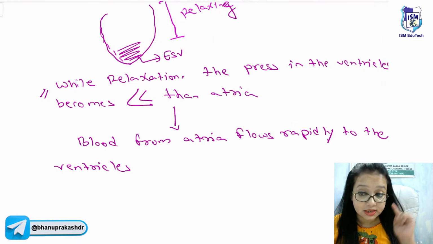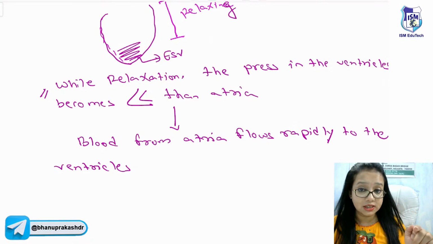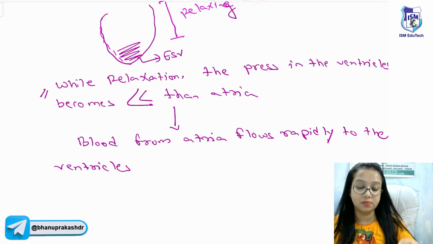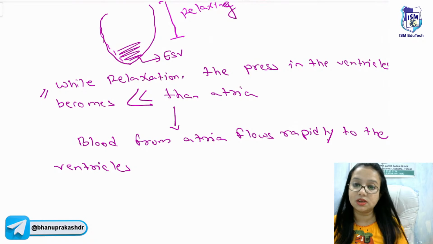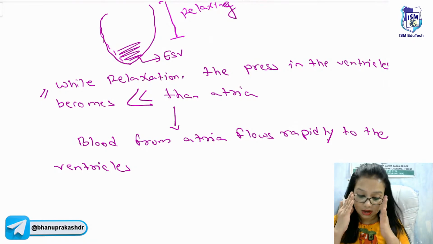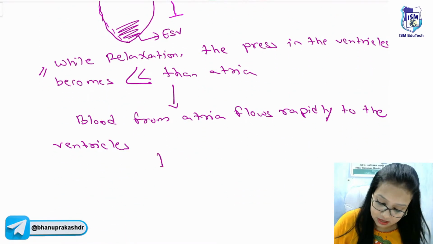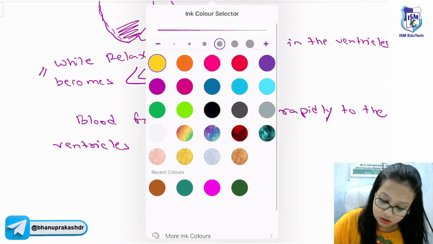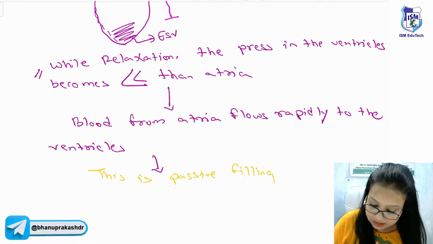So the main take is that pressure in the atria is more because blood is there, and that pressure pushes the blood down via the mitral valve and the tricuspid valve into the respective ventricles. Okay. Now, this is a passive filling. Why is it a passive filling? Because here the atria did not contract. This is the first passive filling.